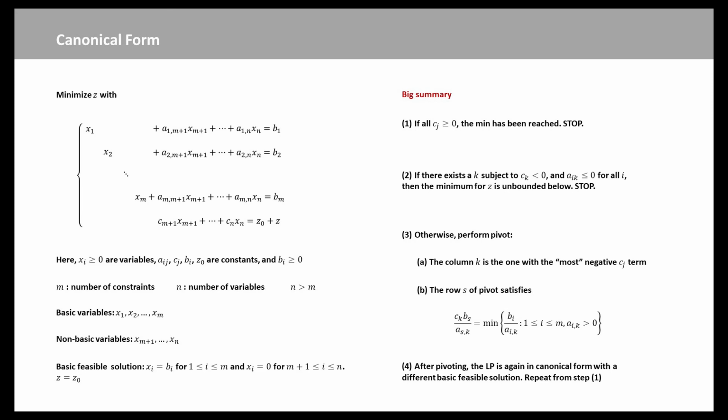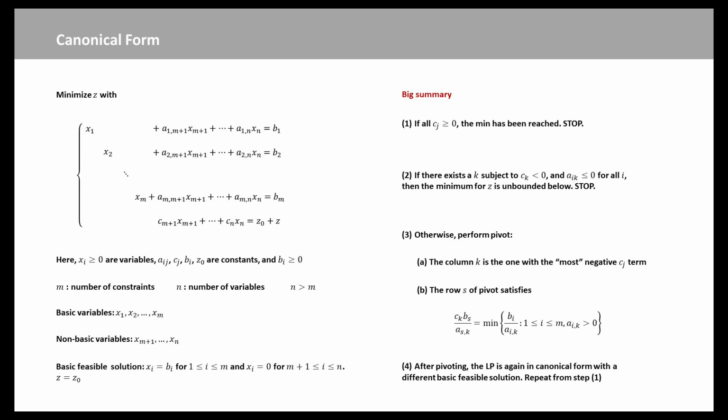In order to pick the corresponding row, you look at that column and compute the ratio of bi over aik for all the aik that are positive. Find the minimum of this ratio, and pick that row as s. Your pivoting point is column k, row s, and you perform the pivoting process.